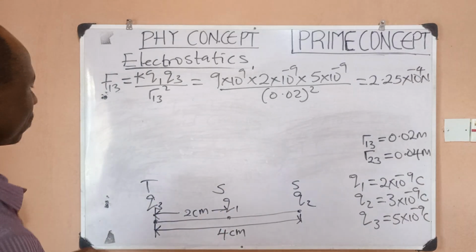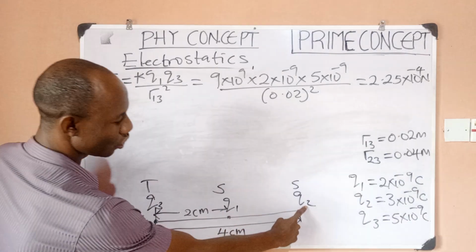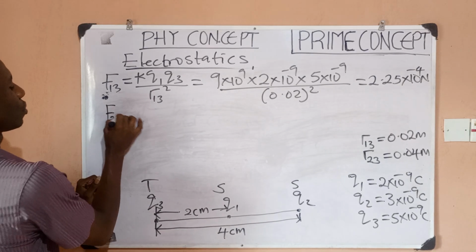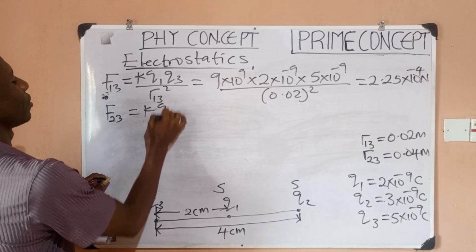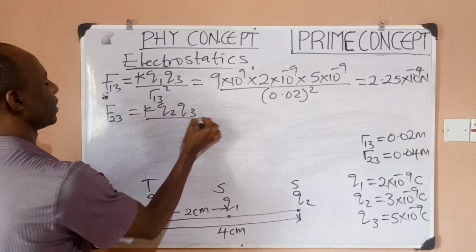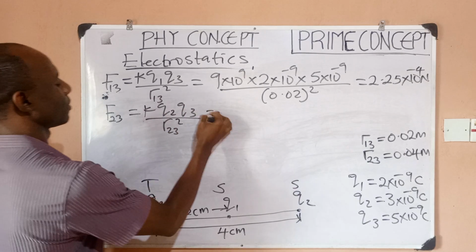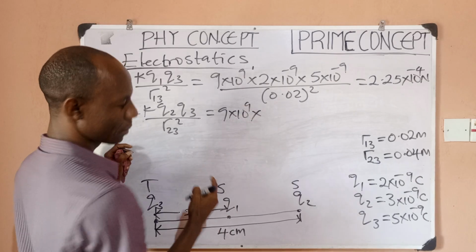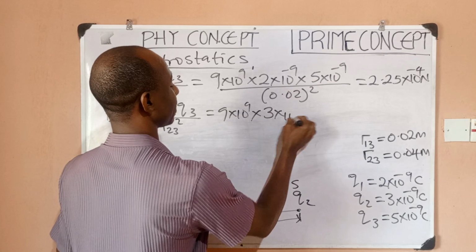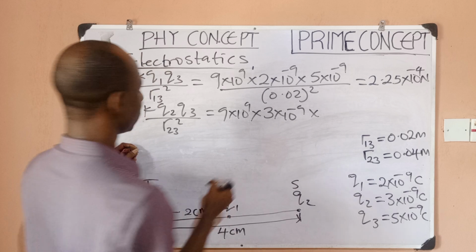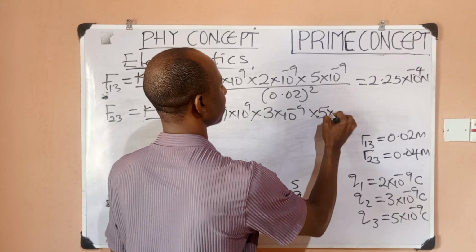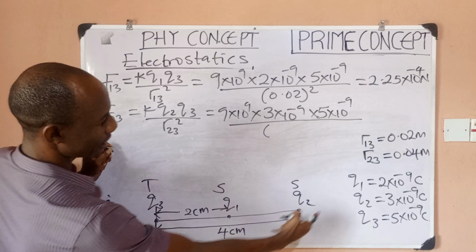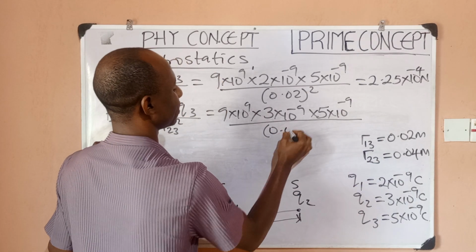The next thing I want to do is find the force between Q2 and Q3. I'm going to call that F23, which is k Q2 Q3 over R23 squared. So I have 9 times 10 to the power 9, Q2 is 3 times 10 to the power minus 9, Q3 is 5 times 10 to the power minus 9, divided by this distance, 0.04.